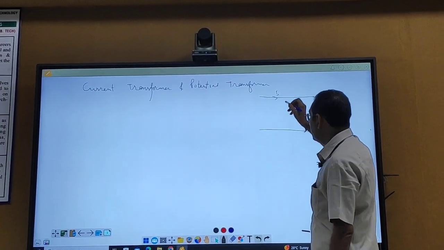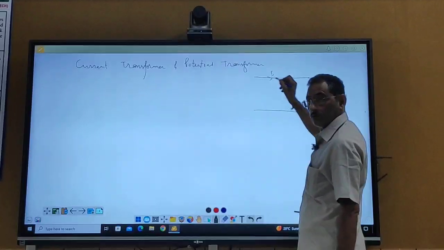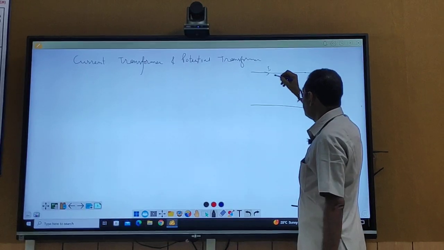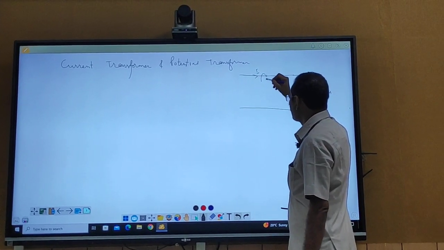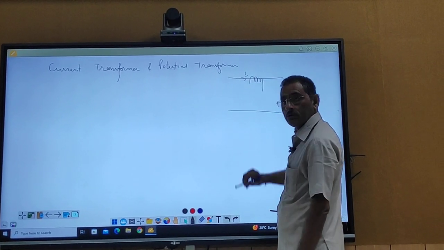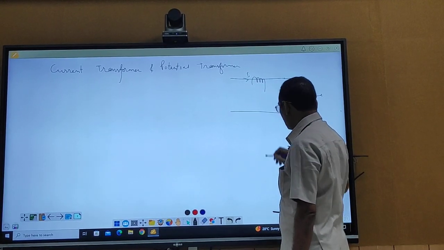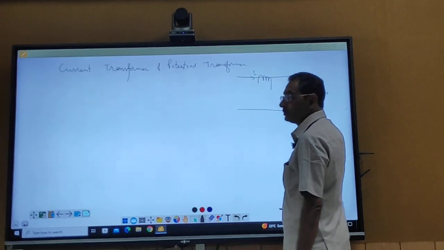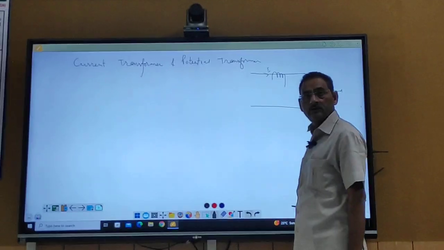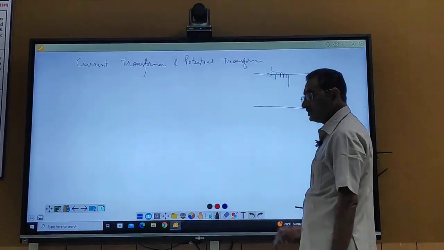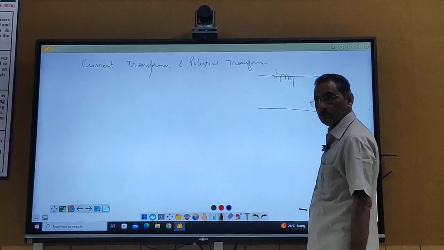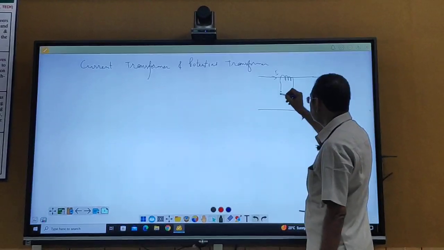So what we do? We assume this is a single coil. Here we connect a coil, so this is called the primary, one coil, one line. It is considered as one transmission line. This is considered as the primary and this is considered as the secondary.